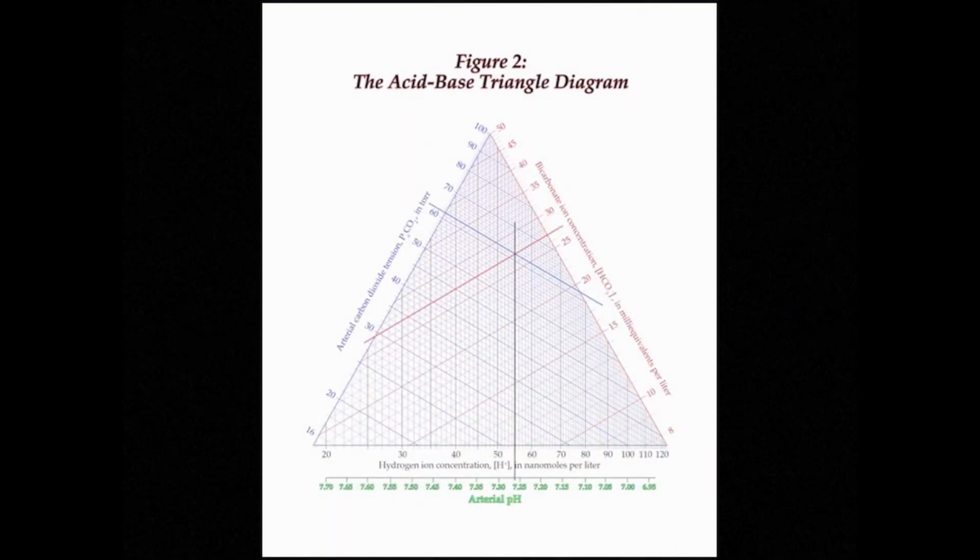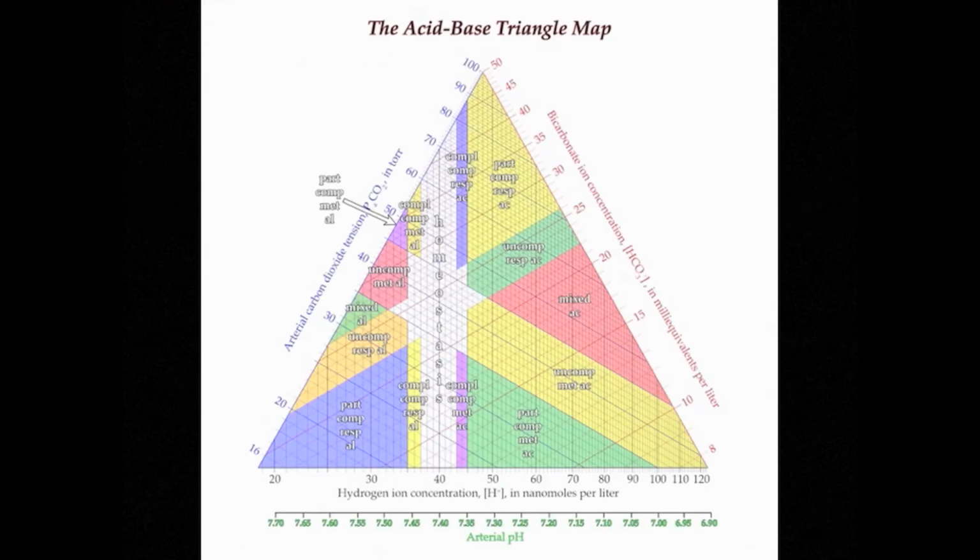These axes will be arranged geometrically to form an equilateral triangle, the acid-base triangle diagram. And various regions within that triangle will be identified by means of labels and colors to indicate the particular acid-base disorder associated with them to form the acid-base triangle map.